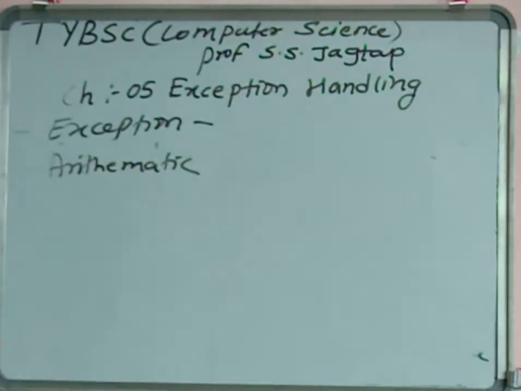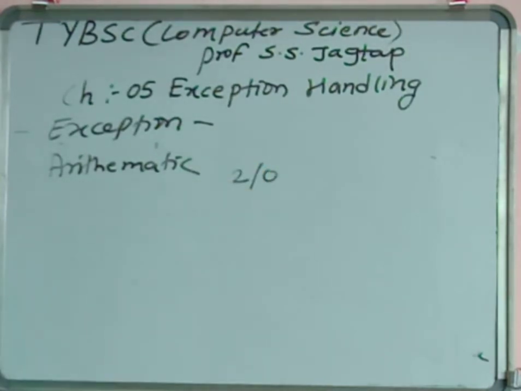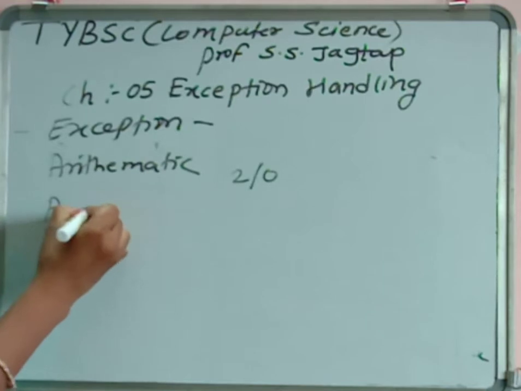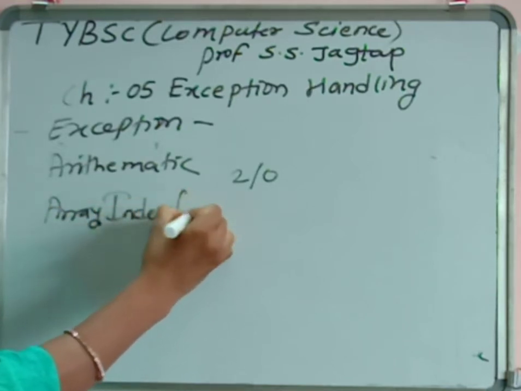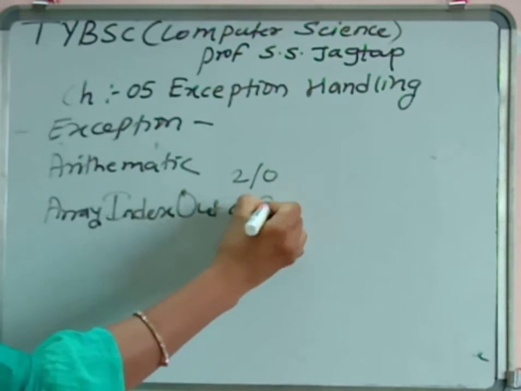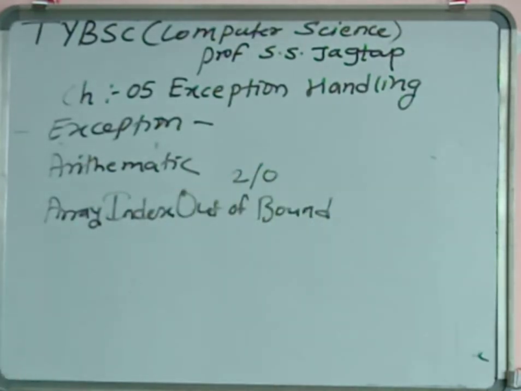There are built-in exceptions like ArithmeticException, which is caused by a math error such as divide by 0. Second is ArrayIndexOutOfBoundsException, which is caused by a bad array index.